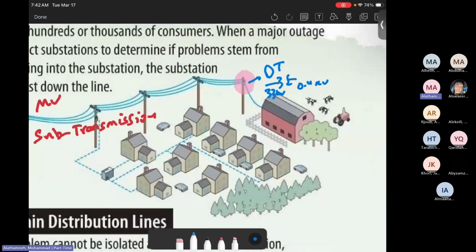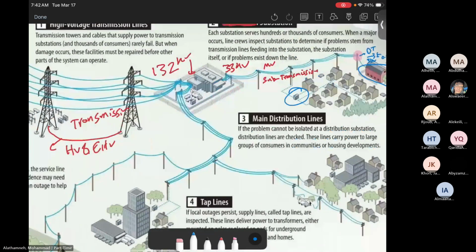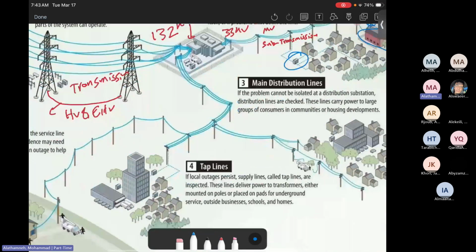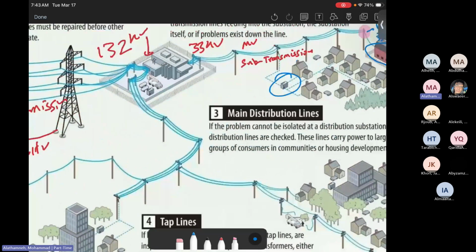So there should be a distribution transformer in each neighborhood. Here's a distribution transformer. This is an industrial area, so there is a distribution transformer there. Then there is also another power line that goes to other customers, but this one goes as another 33 kilovolts.